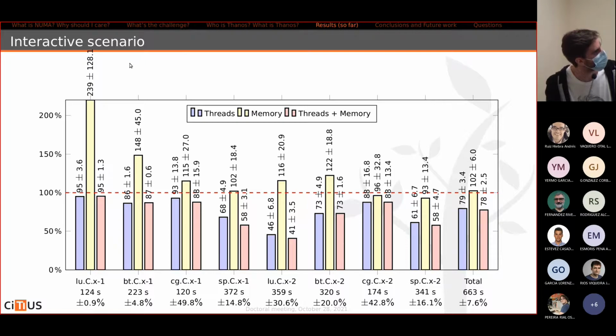Well, here is an example. Nevertheless, when we combine both thread and memory migrations, we can achieve the best possible results, and in some cases we improve execution times by almost 60%, and 22% on average.